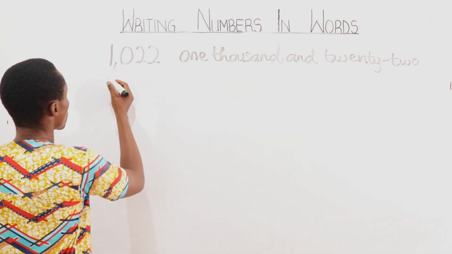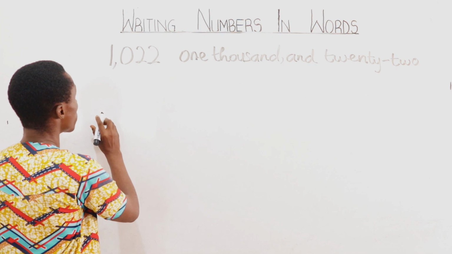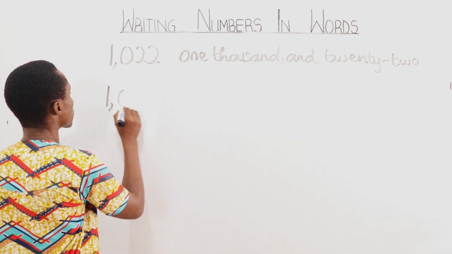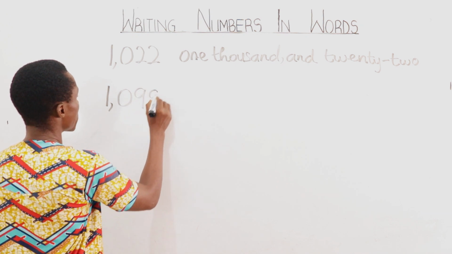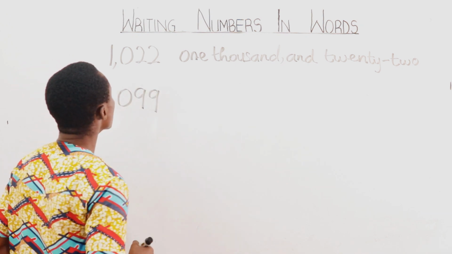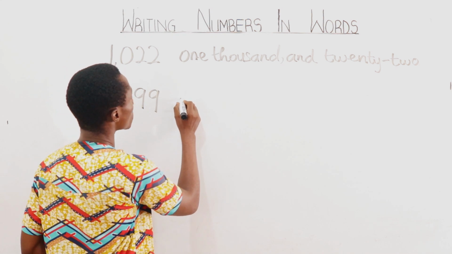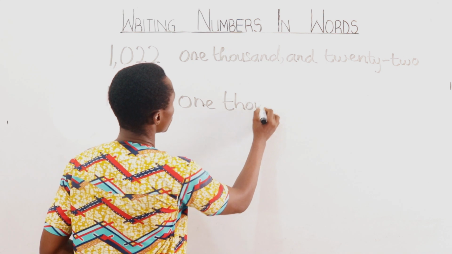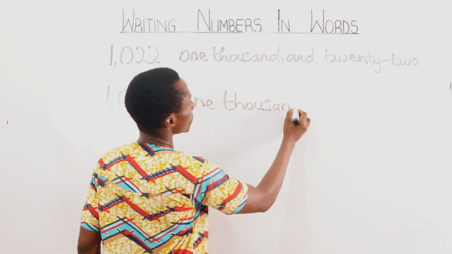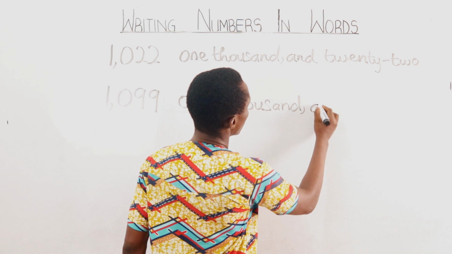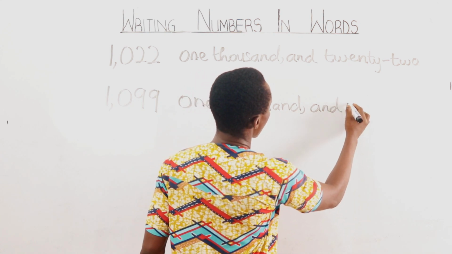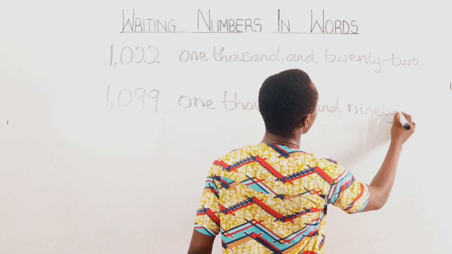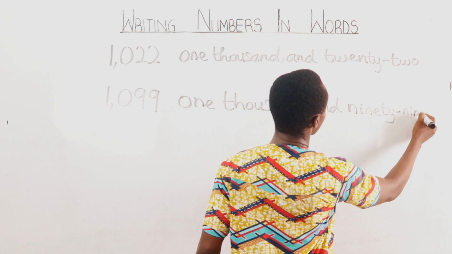Now let's look at another one with a compound number. Let's say we have 1,099. Well, that should be very simple. 1,000 and 99.